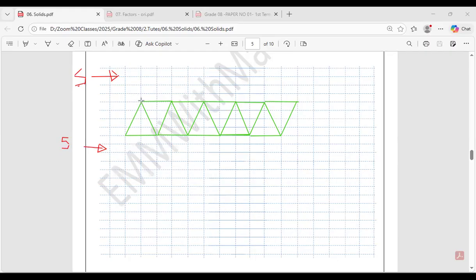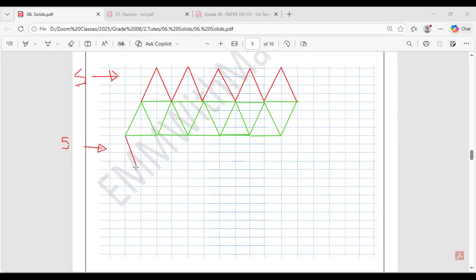First of all, I will complete my first triangle on top like this. Likewise, I can complete all my 5 triangles on top of this. Now I have completed 15 triangles. And now how am I going to complete my 20 triangles?